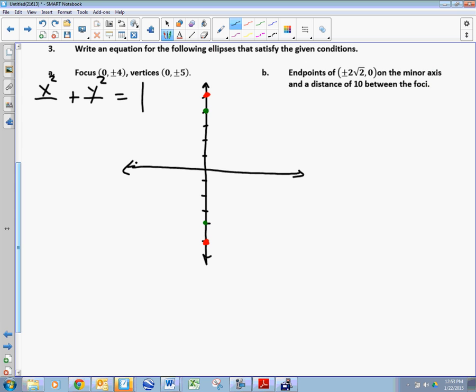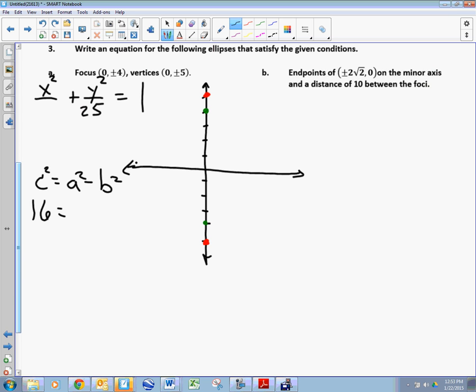Now, how many units is it stretched in the y direction? 5. So therefore, what number goes under y squared? 25. If the foci are 4 units in each direction, then what is c squared? 16. So we know that c squared is equal to a squared minus b squared.